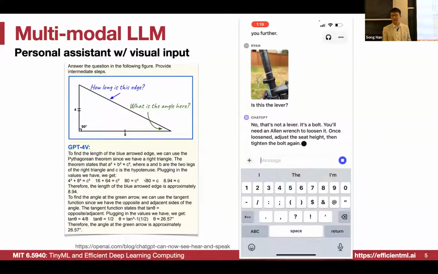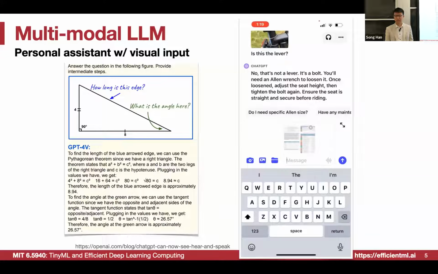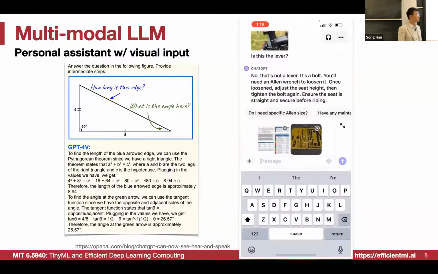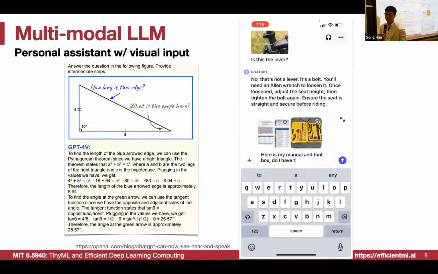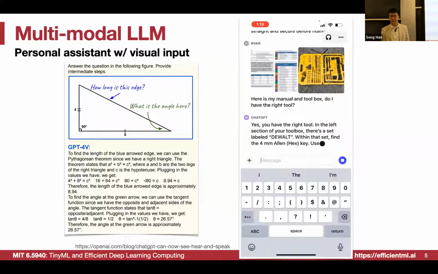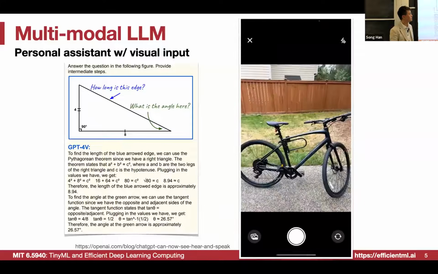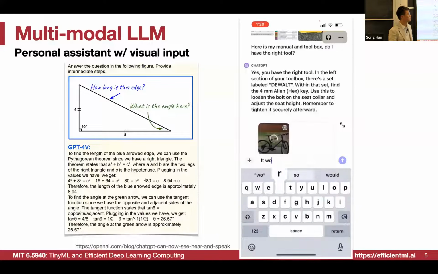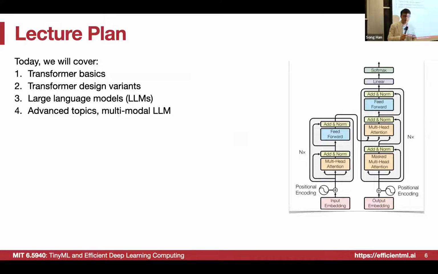You can also feed it a menu. It's pretty complicated text in the image, so it's going to recognize the text in the menu and match it with the toolbox.